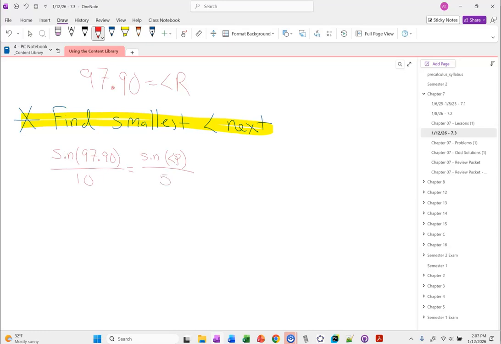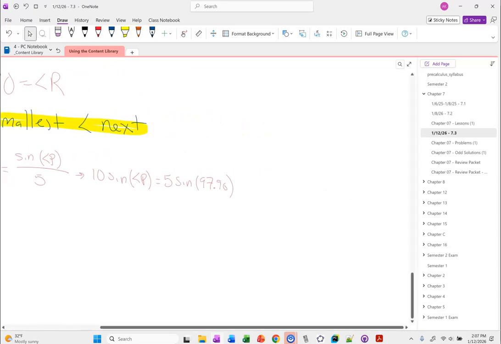Again, I picked the smaller of the two angles, same as before. Now this is getting pretty standard. We cross multiply. 10 times sine of angle P equals 5 times sine of 97.9. I divide both sides by 10 and take sine inverse of both sides.